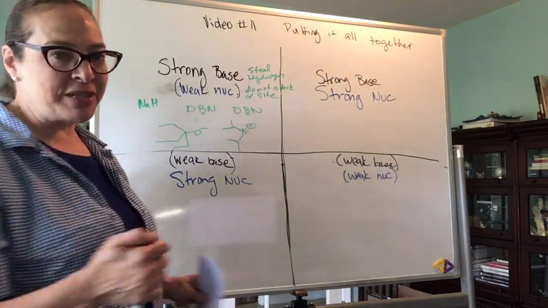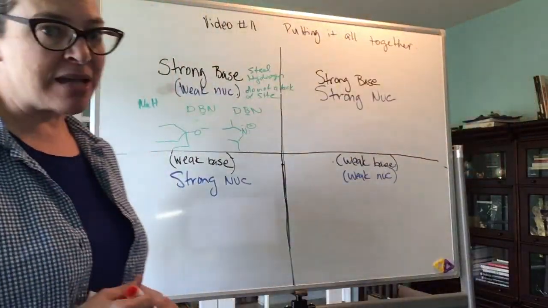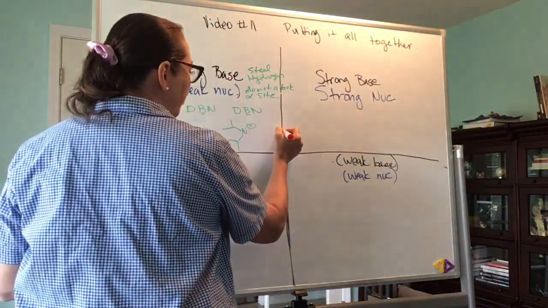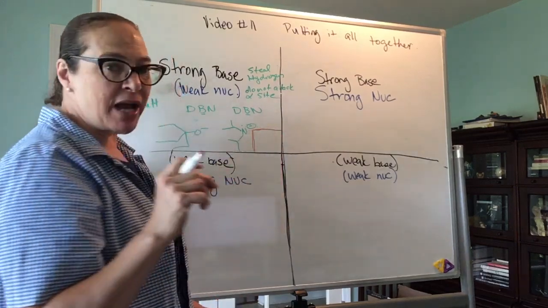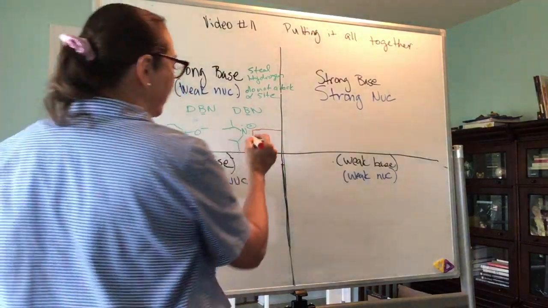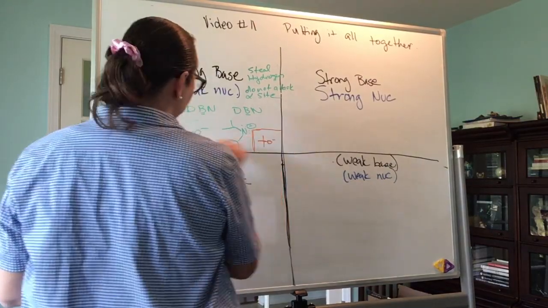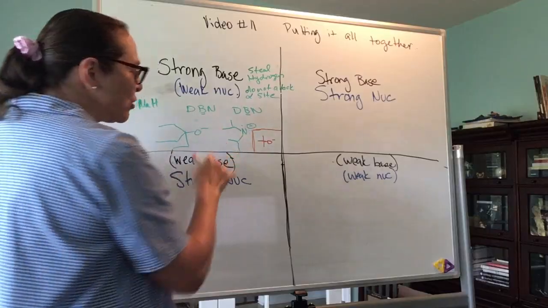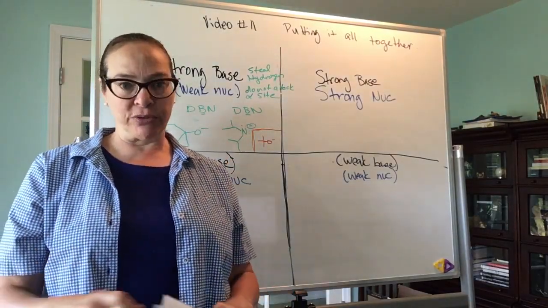It's the go-to example, but it actually isn't as big as I've led you to believe. So I'm going to put it in orange, and I'm going to put it in this corner because it is somewhat a borderline because it has 3 methyl groups, but unlike the others that are even much, much larger, it's large, but it's not out of this world large.